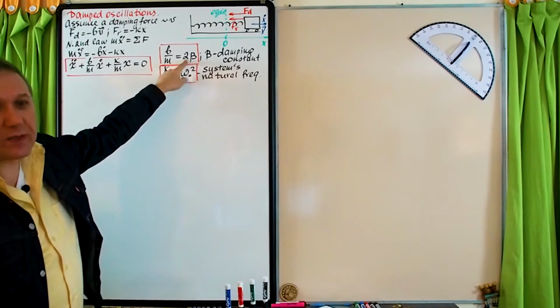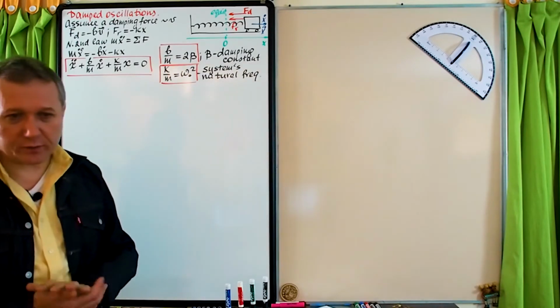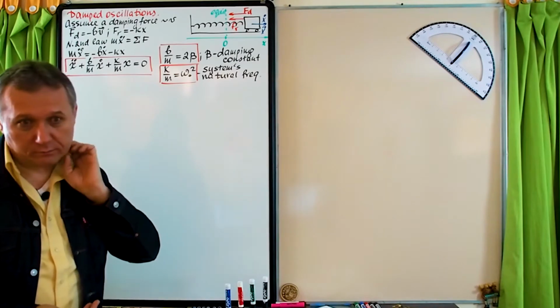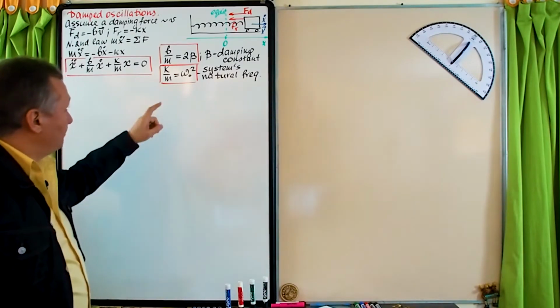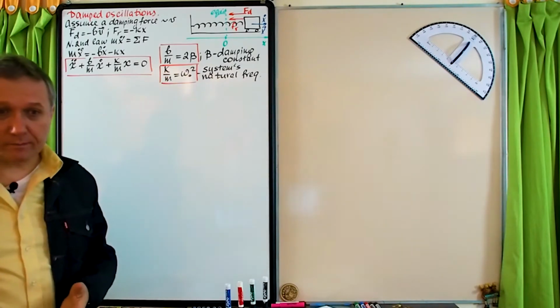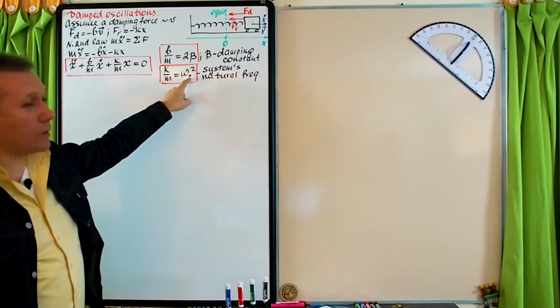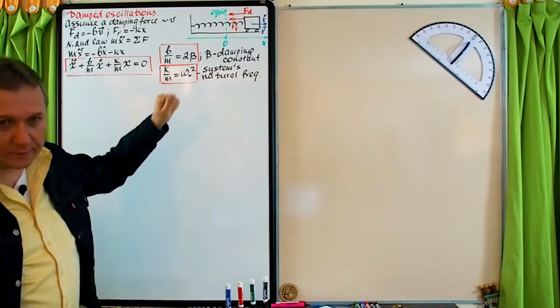In a few minutes it will be obvious why the factor of 2 was chosen. And instead of k over m, we write omega naught squared.